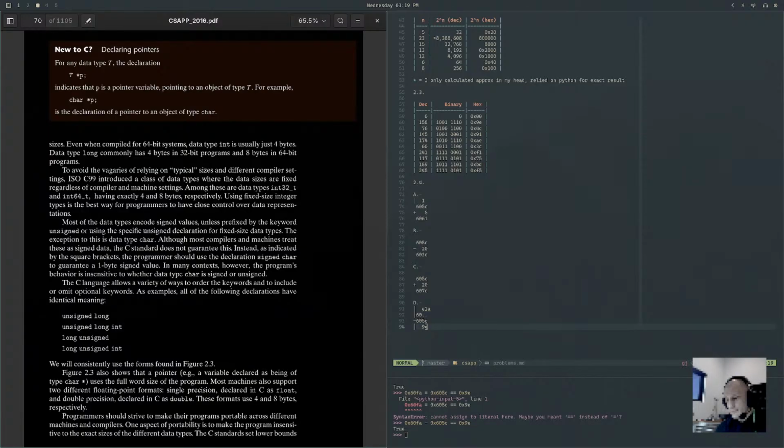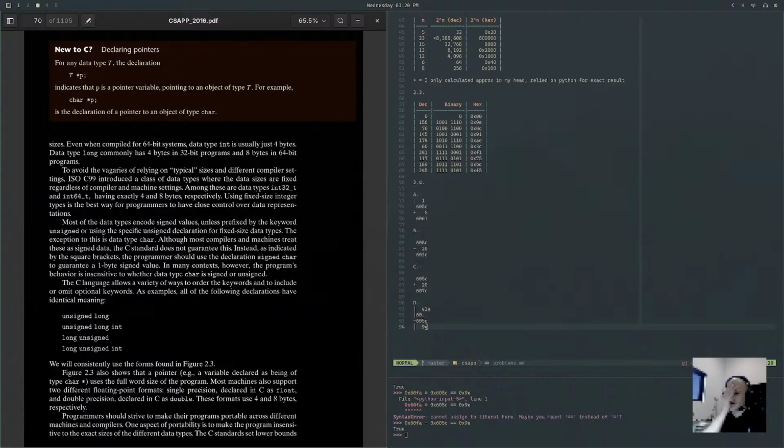To avoid the vagaries of relying on typical sizes and different compiler settings, ISO C99 introduced a class of data types where the data size is fixed regardless of compiler and machine setting. Among those data types are int32_t and int64_t, having exactly 4 and 8 bytes respectively.